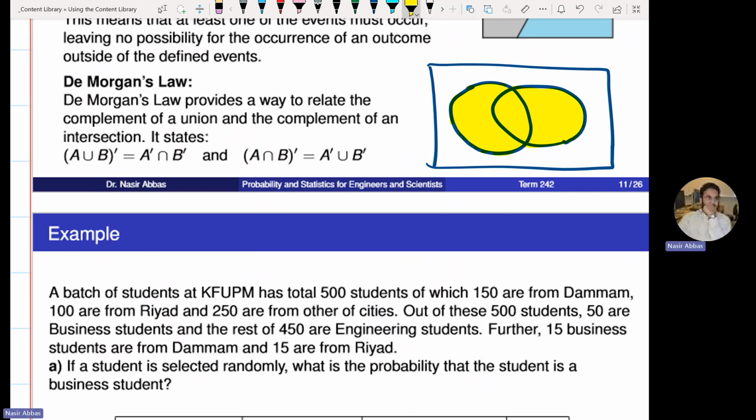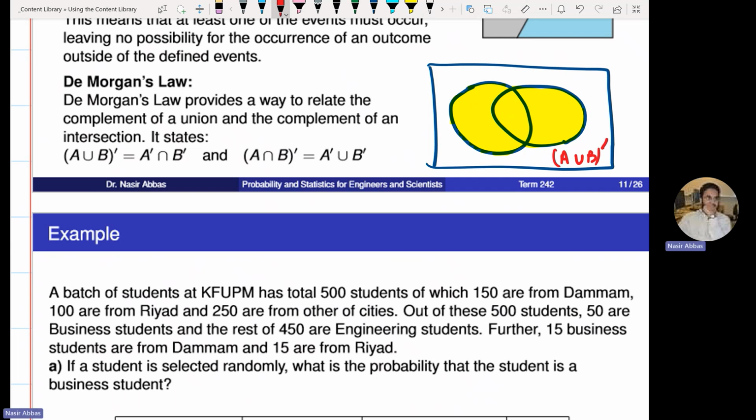What is A union B whole complement? Everything outside the yellow space, but inside the sample space. That's the left side. Okay. So let me write here. This is all A union B whole complement. Clear? Everything outside the yellow.